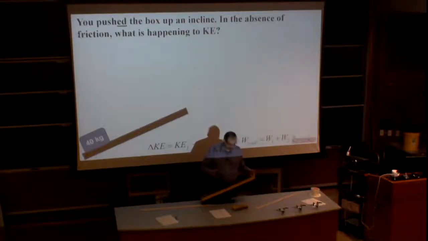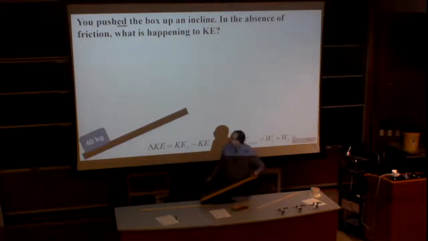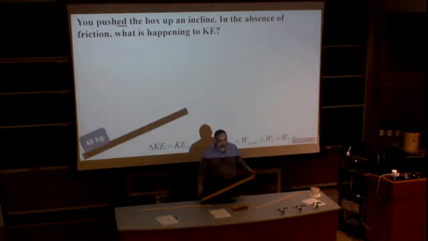That's it, right? Without friction, it will always move. Only when friction is present, we may have a situation when the object is at rest. And in this case, we pushed, and we just need to figure out what's happening to all energies in this situation.